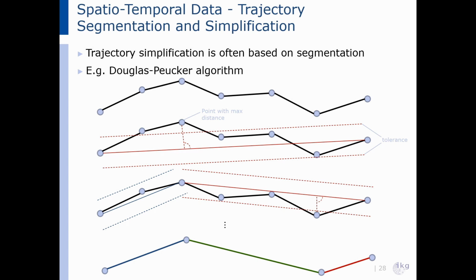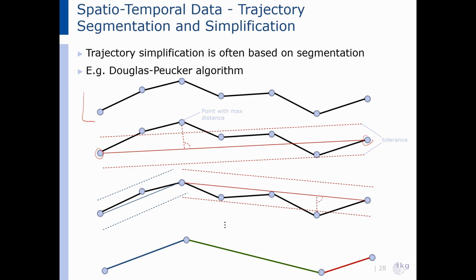This Douglas-Peucker algorithm starts with the two endpoints of the trajectory segment. So we will have this example trajectory, and it will start with the two endpoints of the trajectory segment. So this point and this point. Then it will look for intermediate points and find the one that lies farthest away from the straight line between the endpoints.